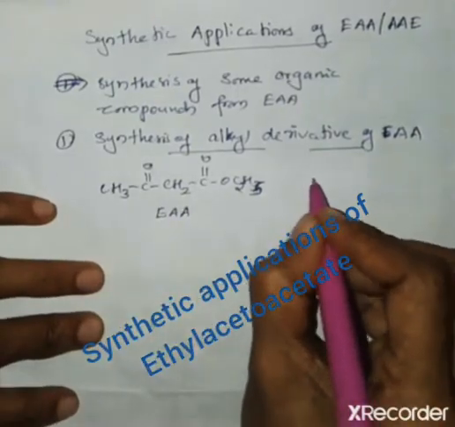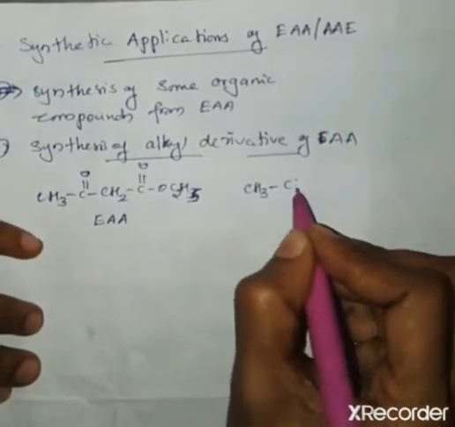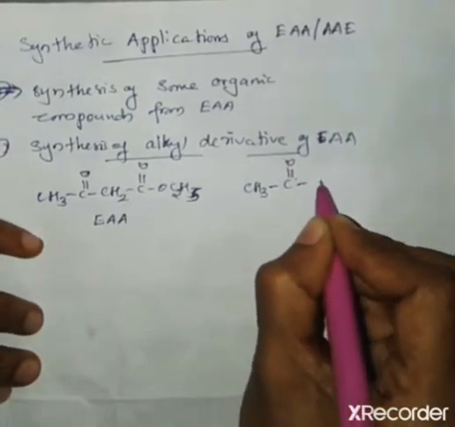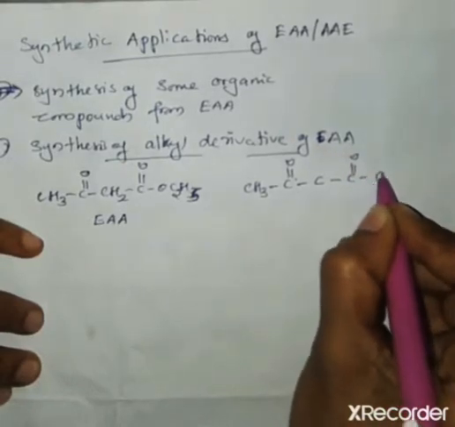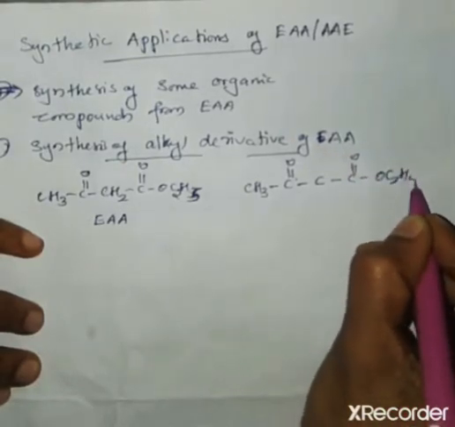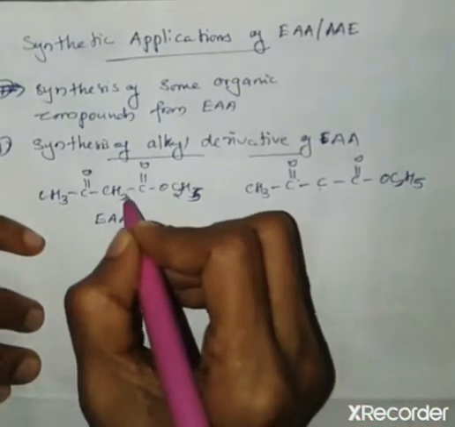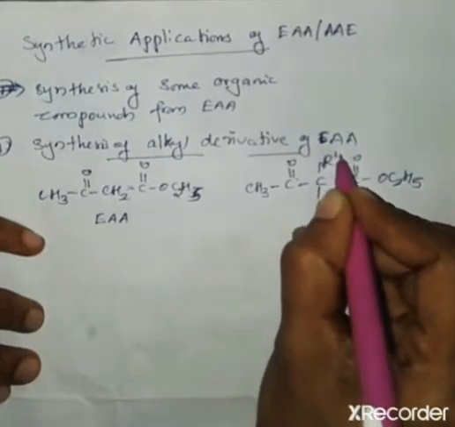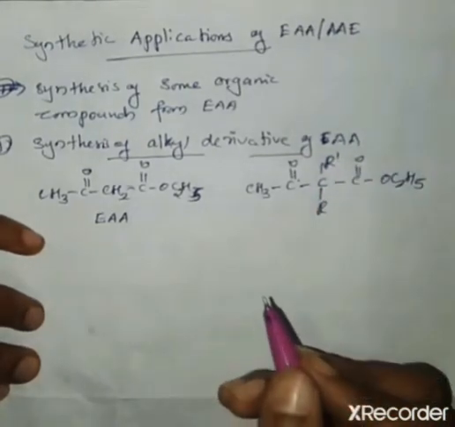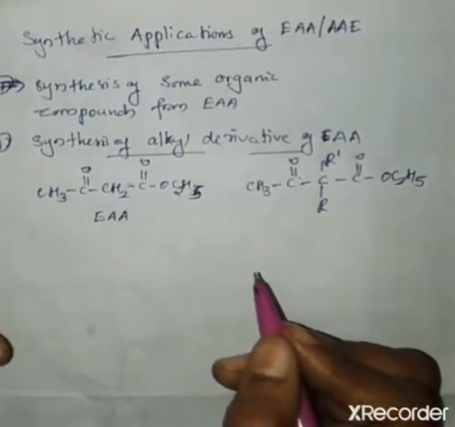Then its alkyl derivative means CH3 C double bond O, C double bond O, OC2H5. It has two methylene hydrogens. One or two methylene hydrogens are replaced by an alkyl group. We can get mono alkyl or dialkyl derivatives of the ethyl acetate.